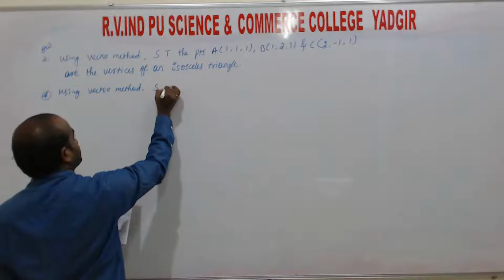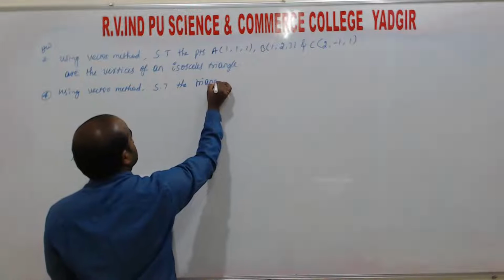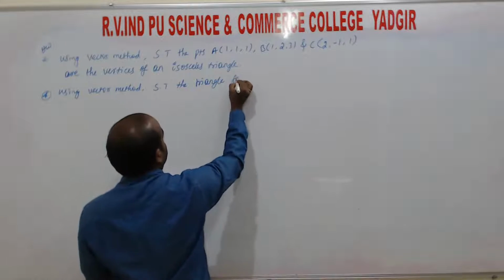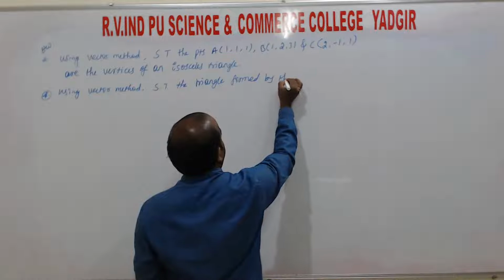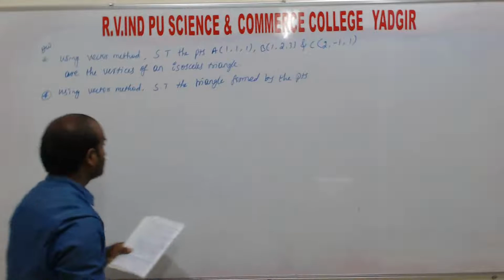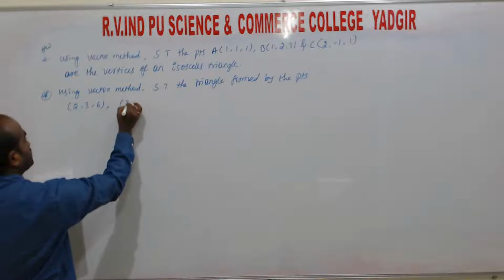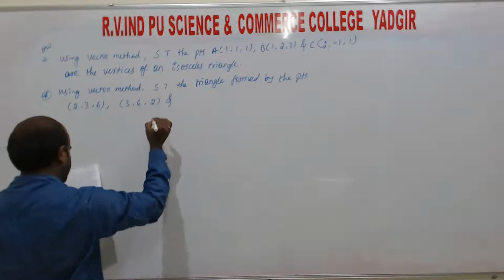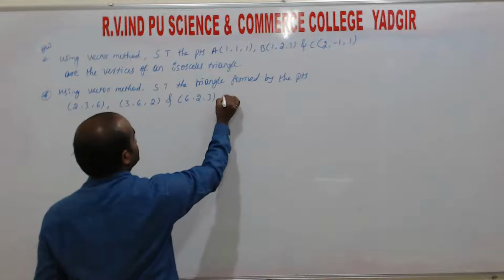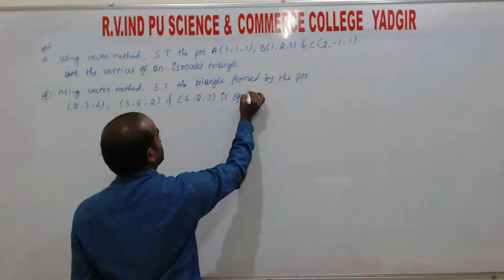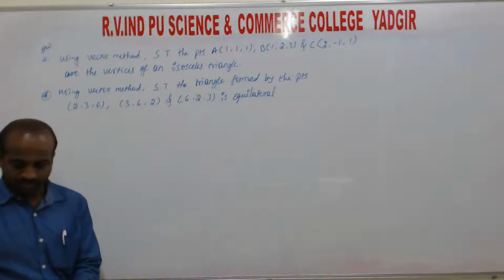Show that the triangle formed by the points (2, 3, 6), (3, 6, 2) and (6, 2, 3) is equilateral.